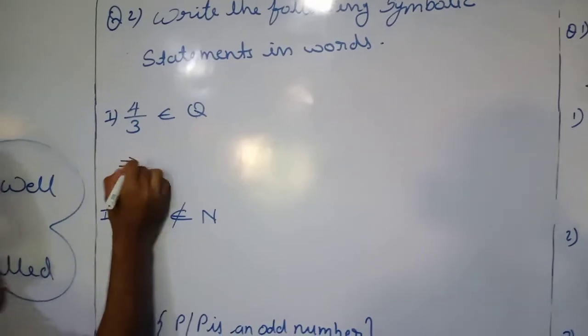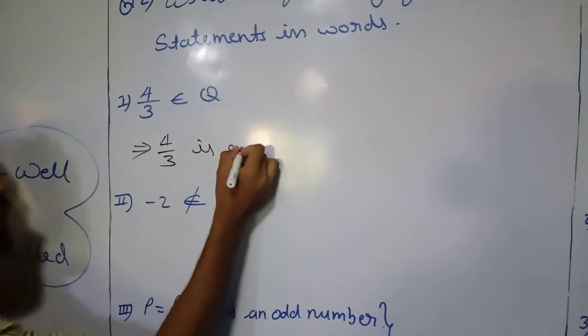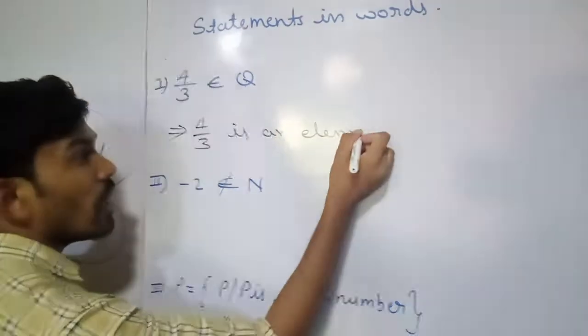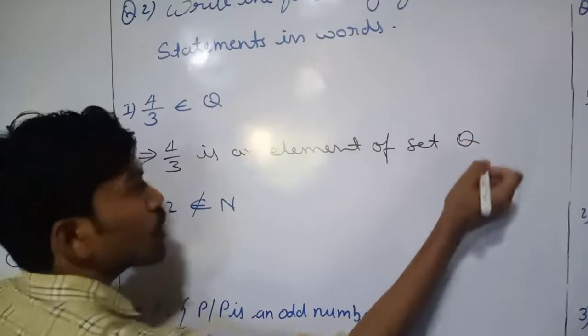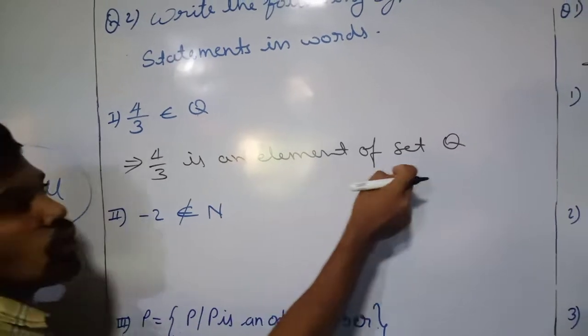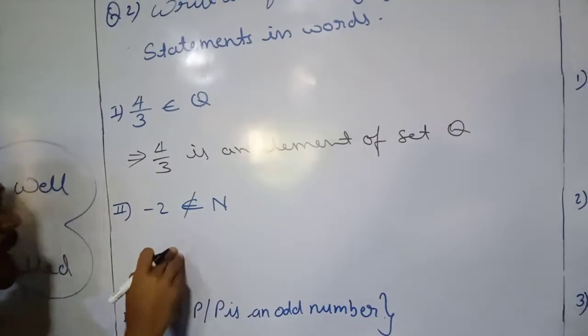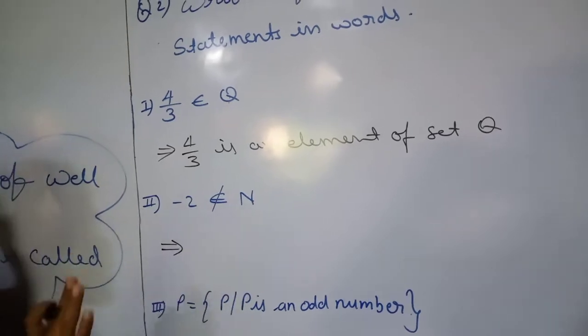So the answer will be: 4/3 is an element of set Q. The second one, -2, and the sign of element is cut.